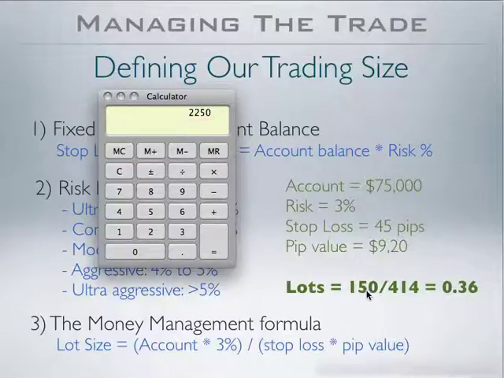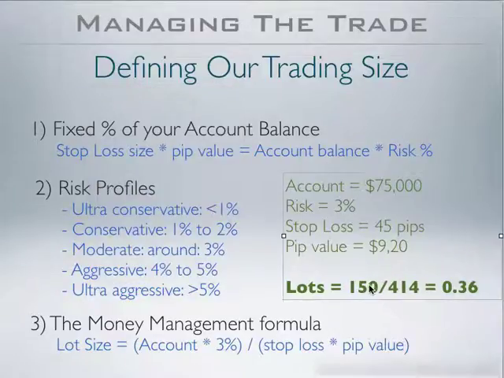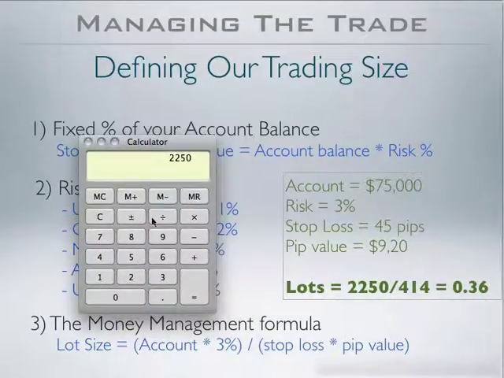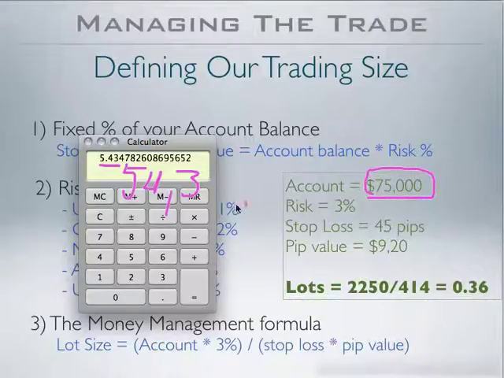I'm going to alter that there. 2,250 divided by 414, that's 5.43 standard lots, or what's the same, 54.3 mini lots. You see, the more we grow our account, the more lots we'll be able to trade on our daily trading process.